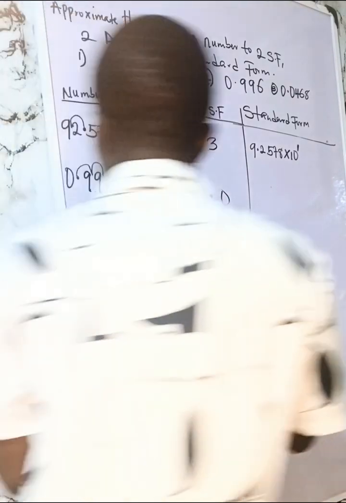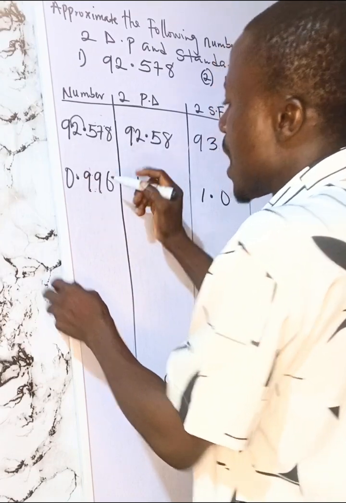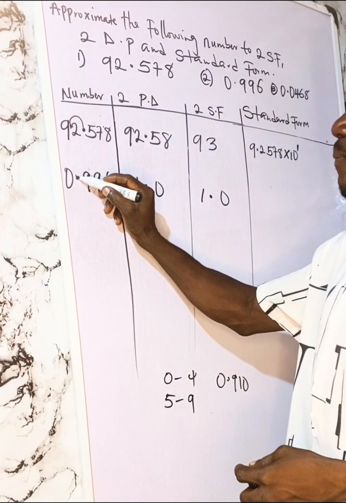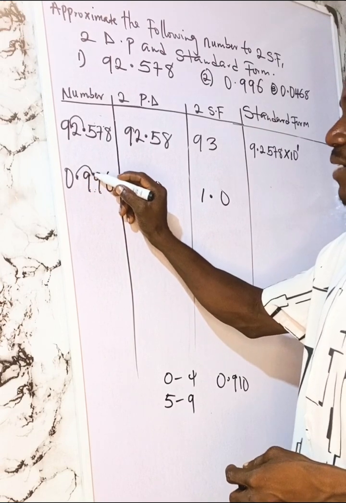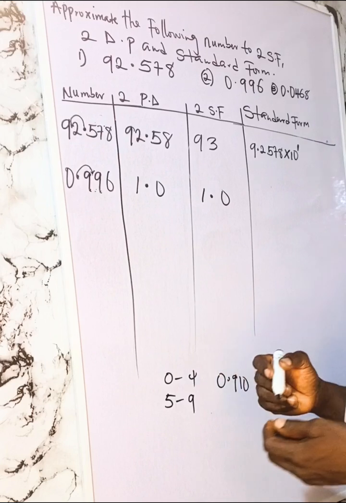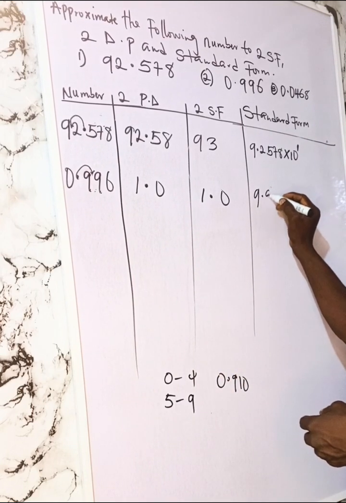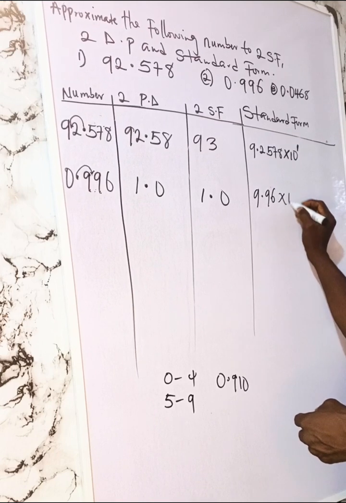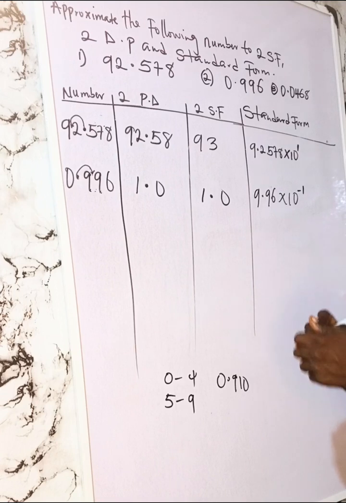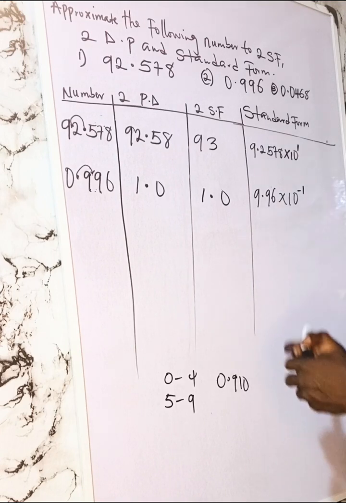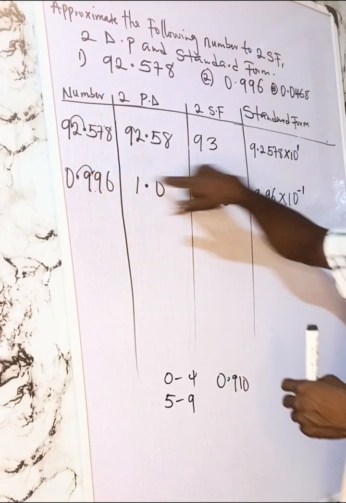So in standard form now, I will count from where the decimal point is until I reach in front of the first significant figure. I just moved once. It means the number is going to be 9.96 times 10 raised to the power negative 1. Why did I write a negative value? I wrote it because the movement was made in this direction.